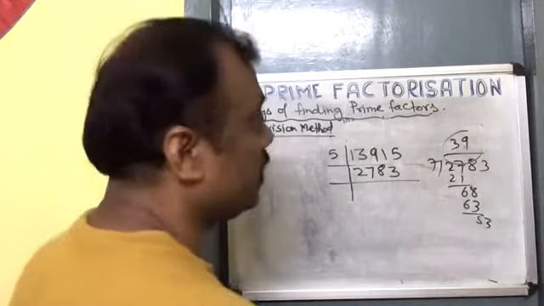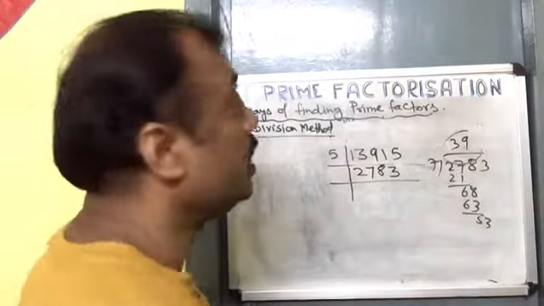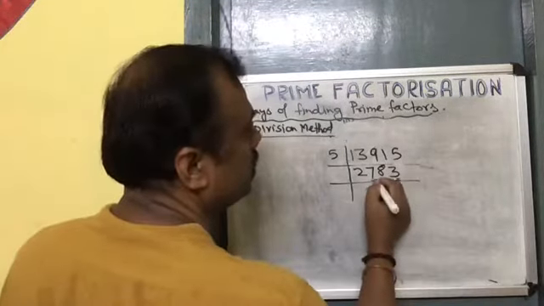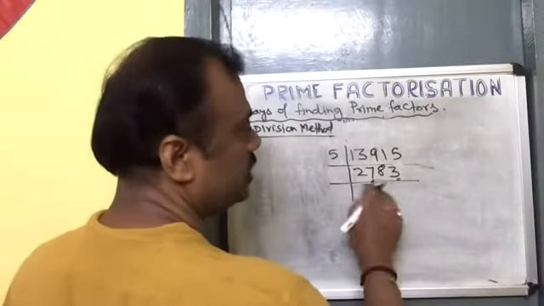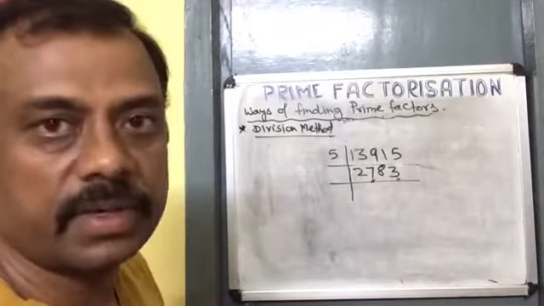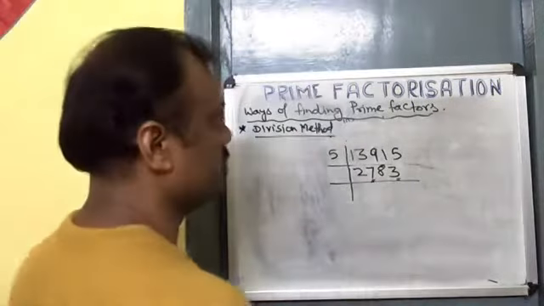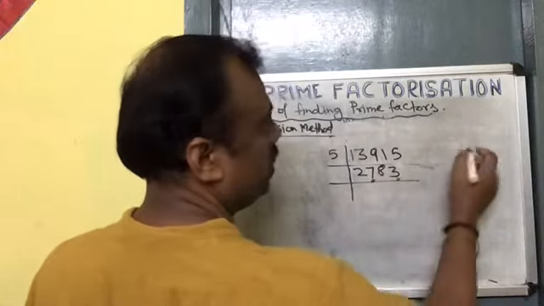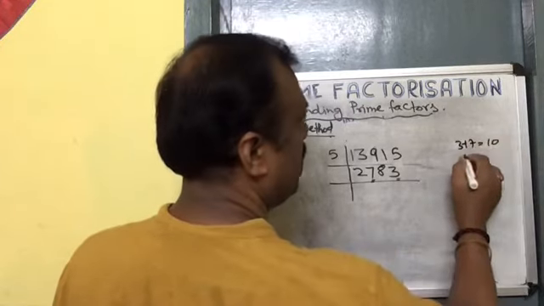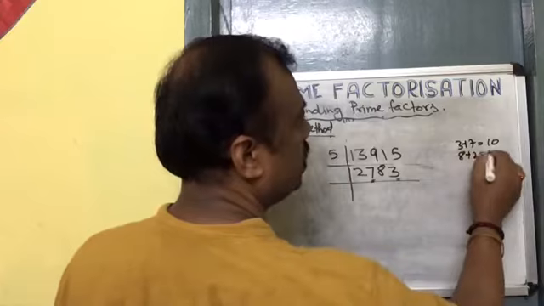For 11, if you remember the criteria, that was the sum of the digits at odd places and even places. If their difference is 0 or divisible by 11, that number is divisible by 11. So here you see 7 plus 3 equals 10 and 8 plus 2 equals 10.